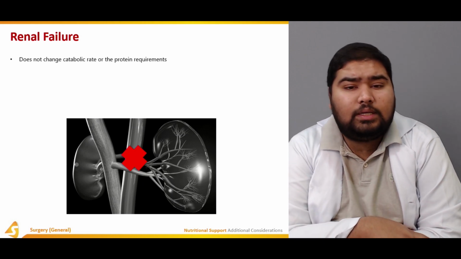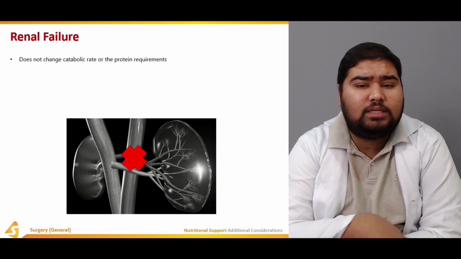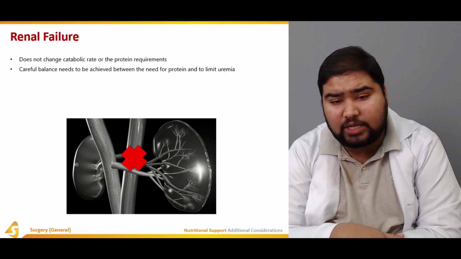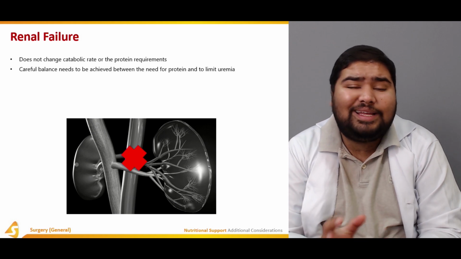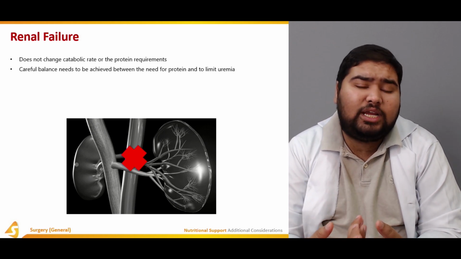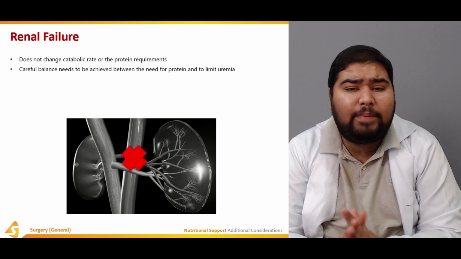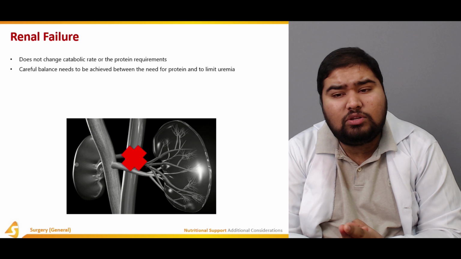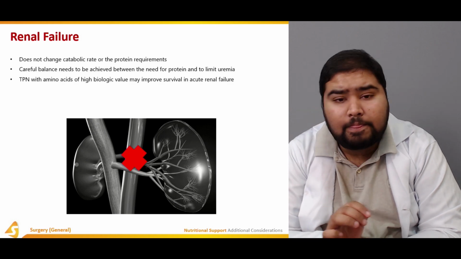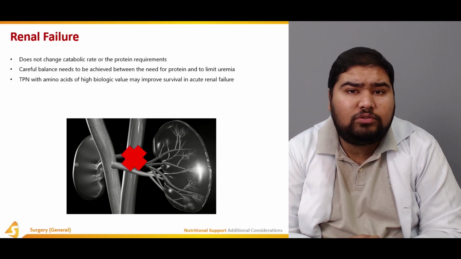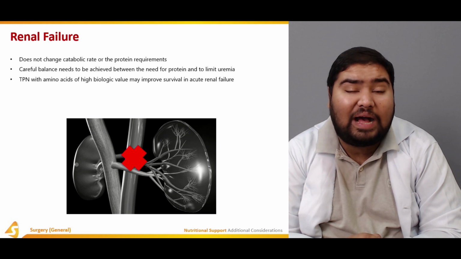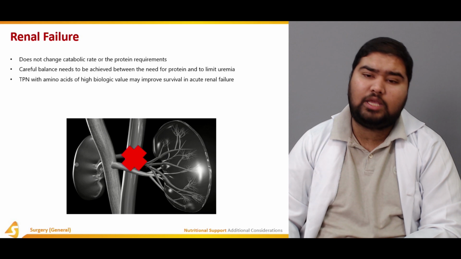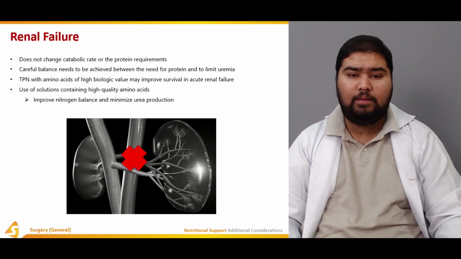So there's no change in metabolism or the catabolic rate or the protein requirements in these patients. However, there is difficulty in removal of the nitrogenous waste. So a careful balance needs to be achieved between the need for protein and the need to limit the uremia. So total parenteral nutrition with amino acids of high biological value may improve survival in acute renal failure.